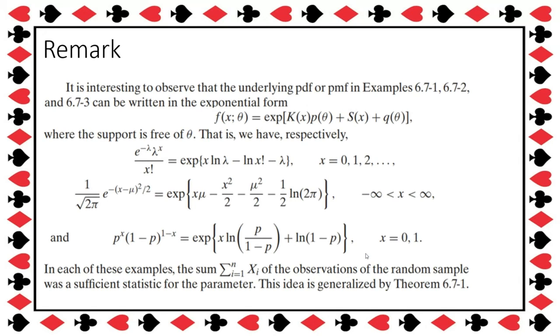The exponential form can be written in a way that part of it has your theta, and part of it has only the x, this is the part that only depends on theta, and this is the part that depends on theta and x.